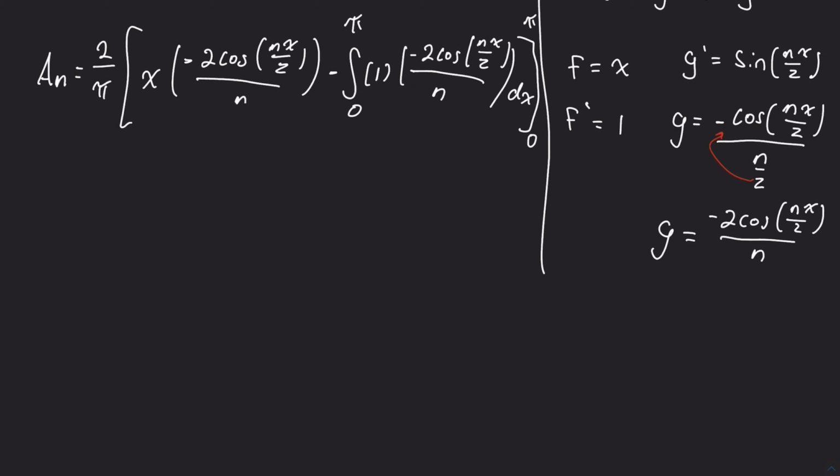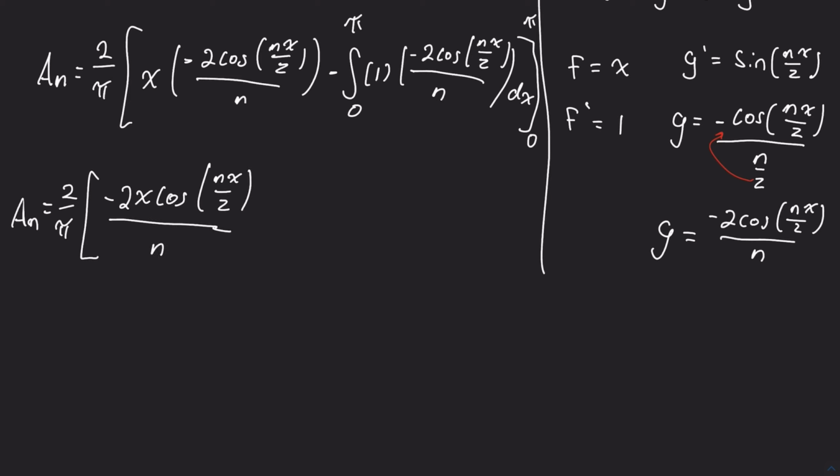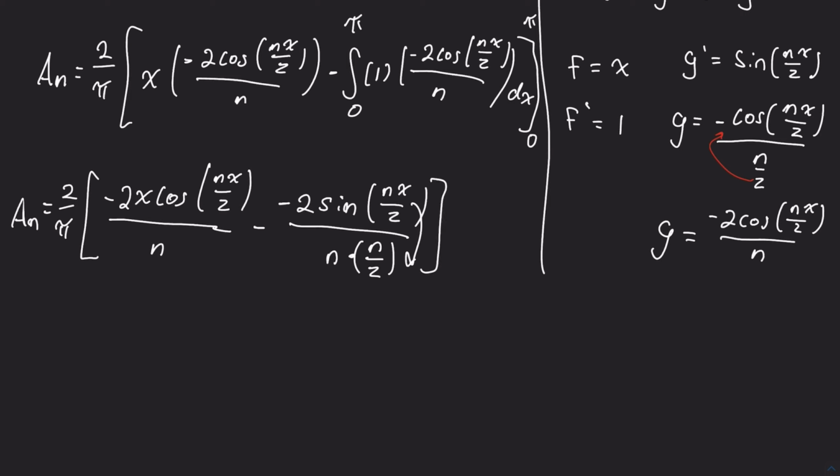Okay, let's go ahead and clean this up a little bit. A sub n equals 2 over pi times negative 2x cosine of nx over 2 over n minus negative 2, and the integral of cosine is sine of nx over 2 divided by n times n over 2, because we send this back down to the denominator, and this is all evaluated from 0 to pi once again.